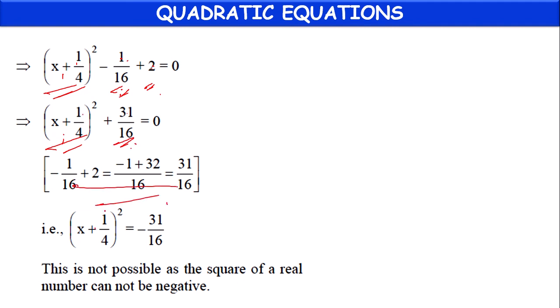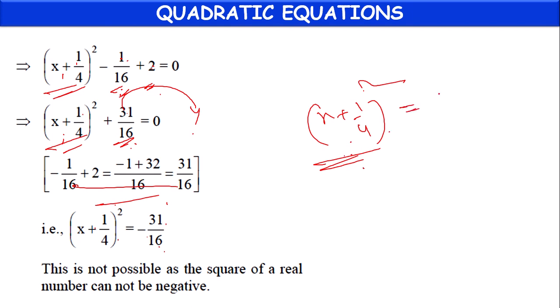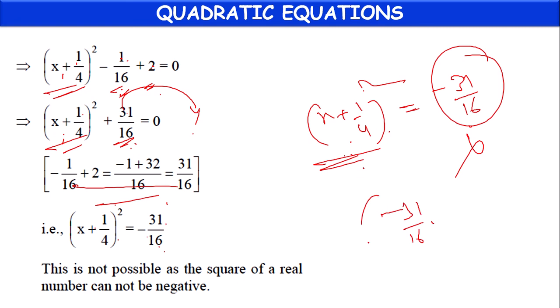So x plus 1 by 4 whole square equal to, if 31 by 16 comes to this side, minus 31 by 16 we are getting. But x plus 1 by 4 whole square is a perfect square. We have got that it is equal to minus 31 by 16, which cannot be written as any number square.